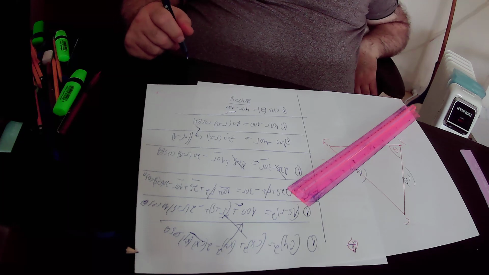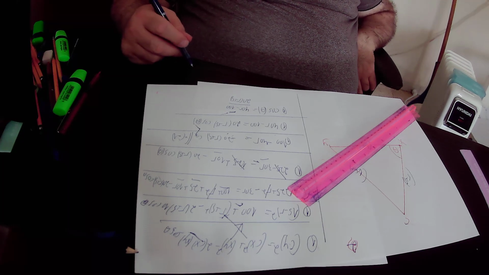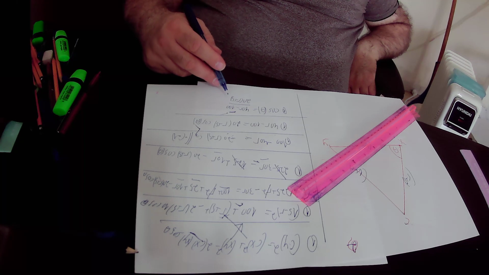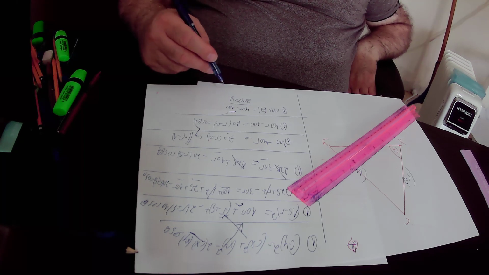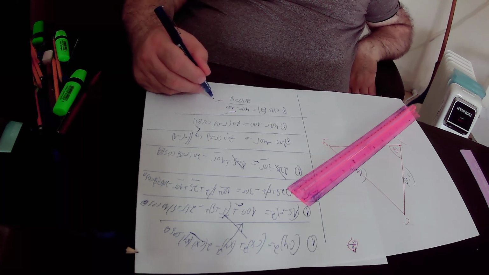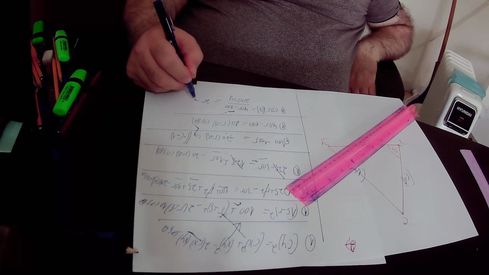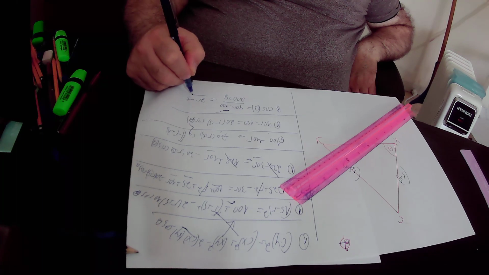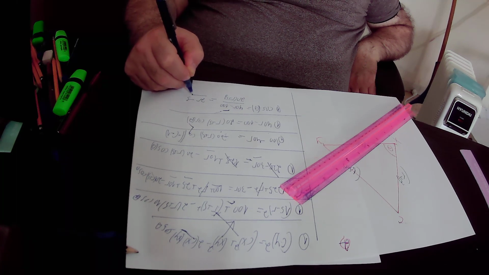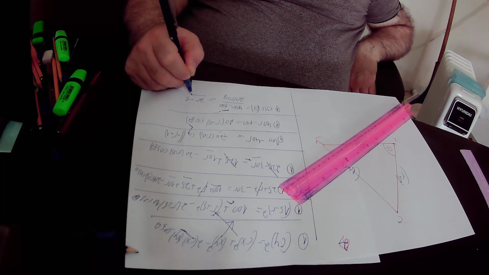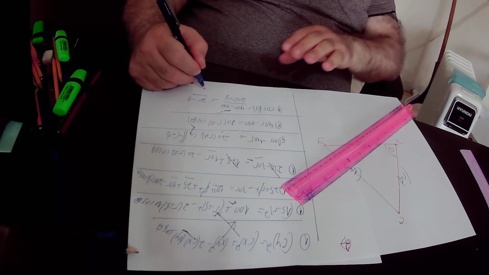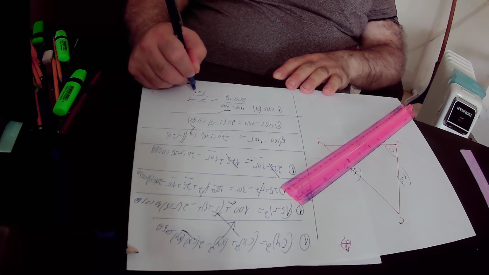Here we will divide both the numerator and the denominator by 20, and we will get that 40R over 20 is 2R, minus 100 over 20 is minus 5, and in the denominator 20 over 20 is 1, so what is left is R plus 5.